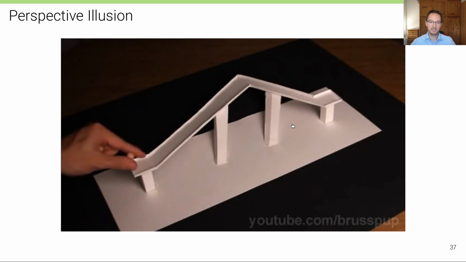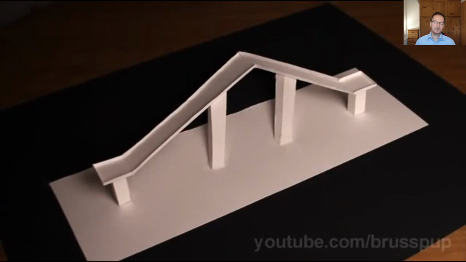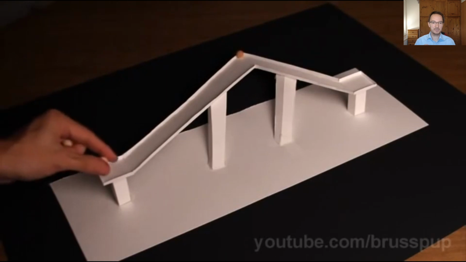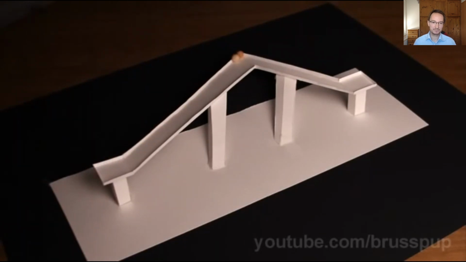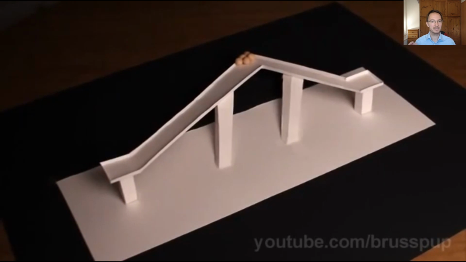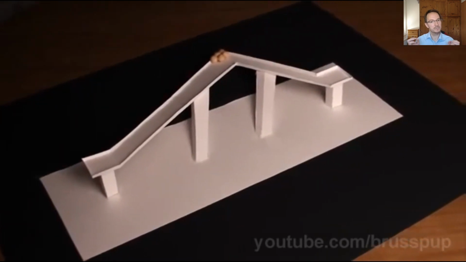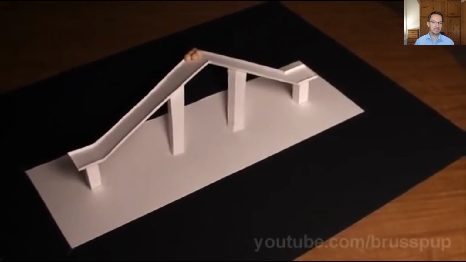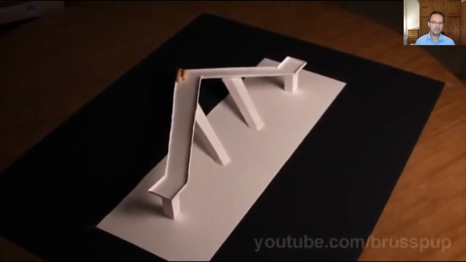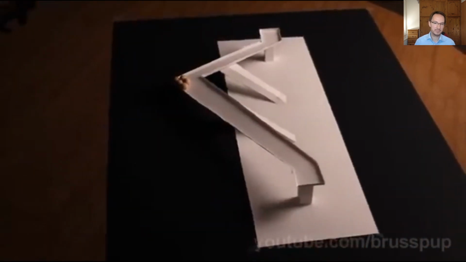And here's another example that from a particular point of view looks like it produces a physical phenomenon that's impossible. But if you look from a different point of view, you see that this is actually just a perspective illusion. So a single perspective doesn't reveal everything that's there in terms of geometry, even though humans are actually very good at interpreting the geometry from a single image.